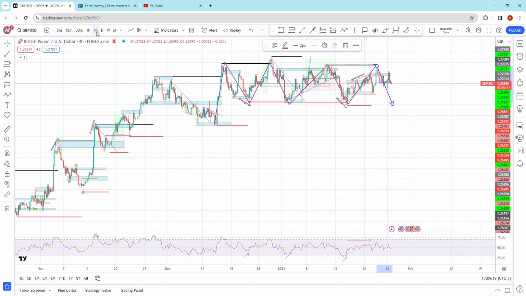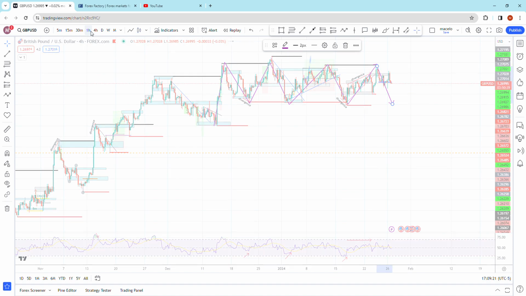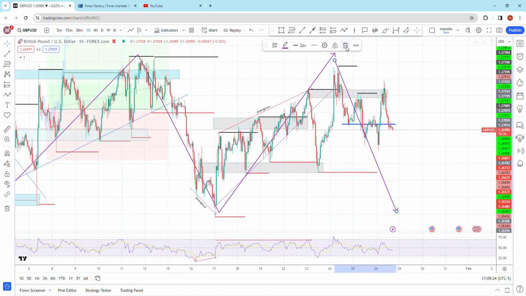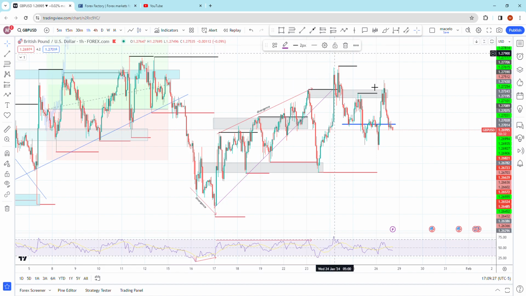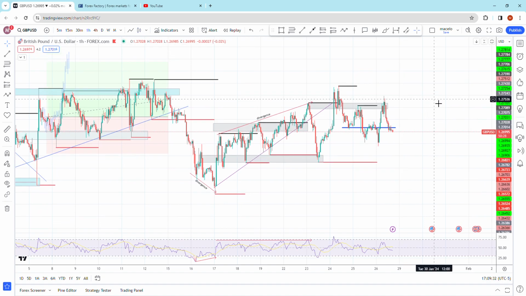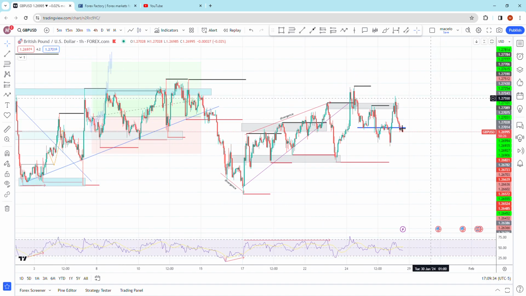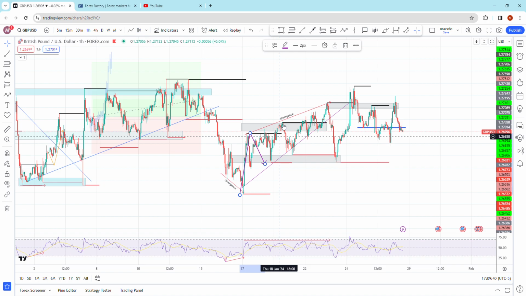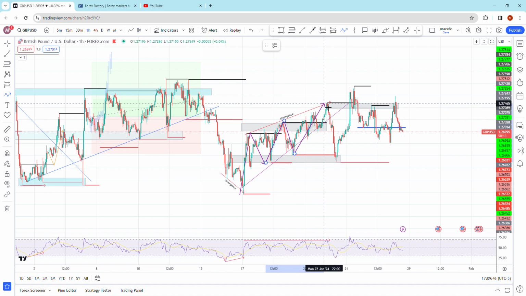That could also align with what I'm going to tell you now, which is you have to take things step by step. What I mean is zone to zone, structure to structure. Right now we see that we had this structure created: highs, lows, highs right there, low, highs right there.